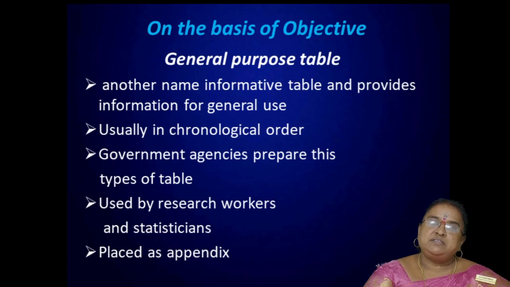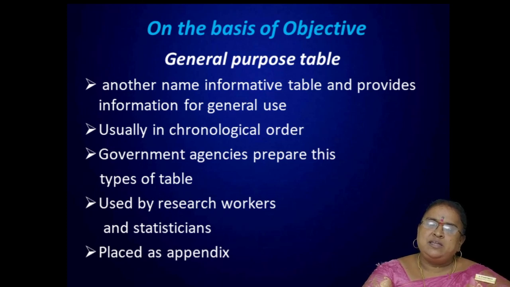Then on the basis of objectives, general purpose table. The name itself describes that it is used for general purpose. There is no particular purpose. Another name is informative table. That is, it provides information for general use.